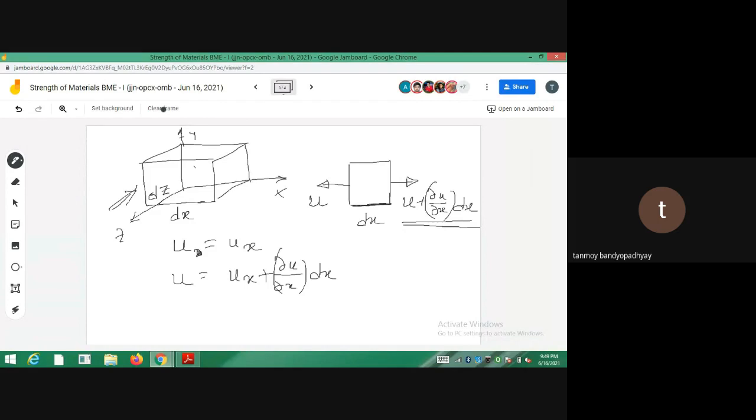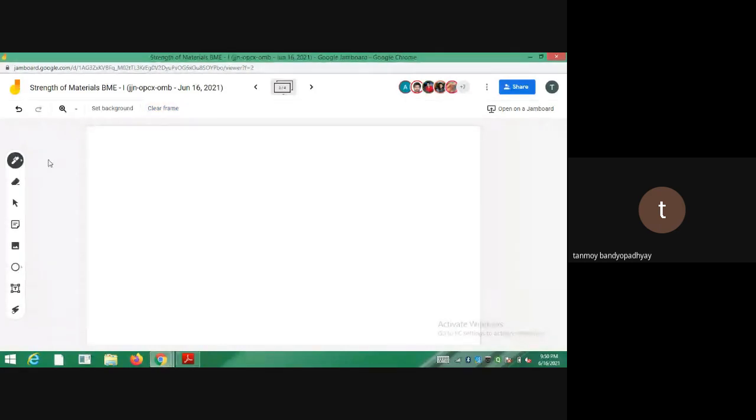So what is the strain in the x direction? Epsilon x: this is x and this is x plus dx. The displacement of the element on one side is ux, and on the other side it is u at x plus dx.